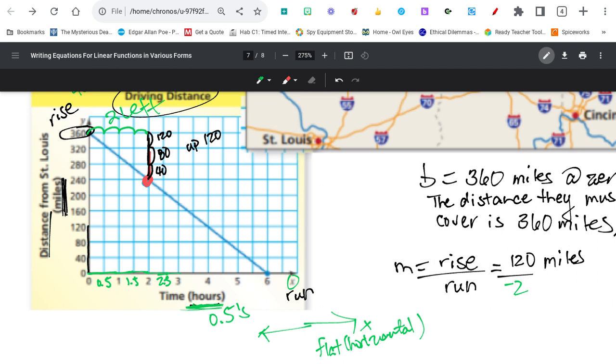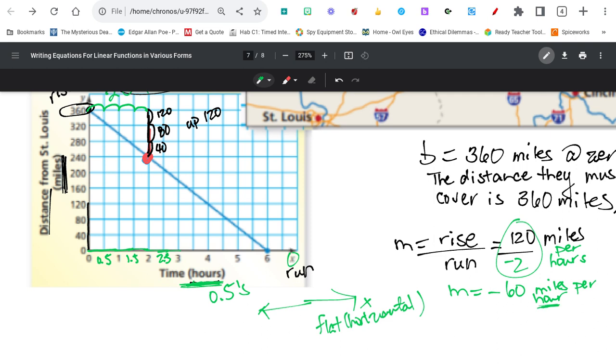Well, on the x-axis, it's talking about hours. Okay. But all you have to do is put the word per between them, and it'll pretty much set this up. So this is going to be, when I simplify this, -60 miles per hour. So what does that mean?